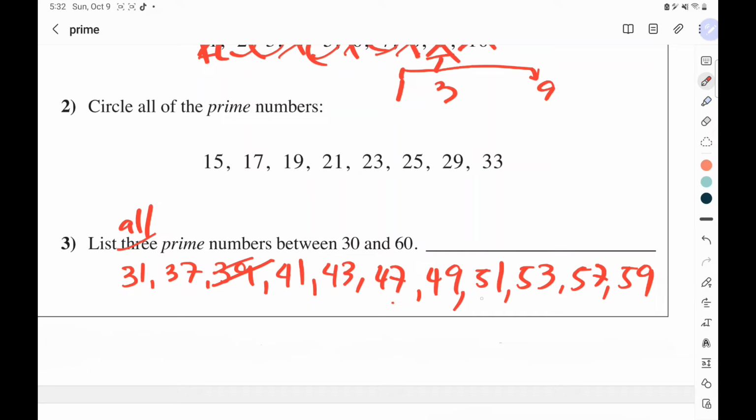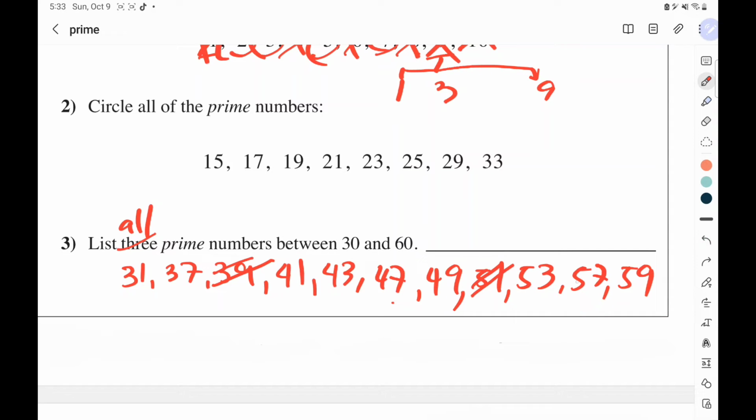51, 5 plus 1 is 6, and 6 is divisible by 3. Therefore, 51 is also divisible by 3. So we can eliminate this. 53, 5 plus 3 is equal to 8, and 8 is not divisible by 3. That makes 53 also not divisible by 3. How about 57? 5 plus 7 is equal to 12, and 12 is divisible by 3.